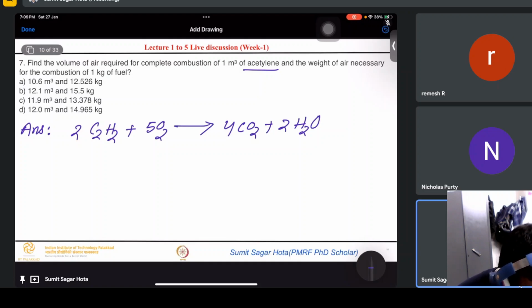So here 44 plus, you can calculate the C2H2 mass.